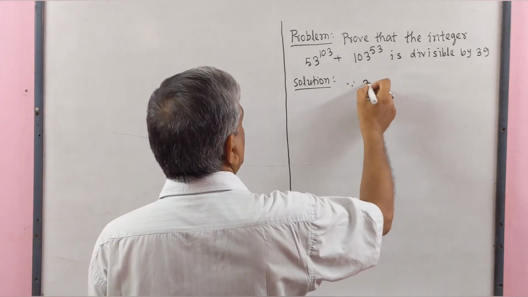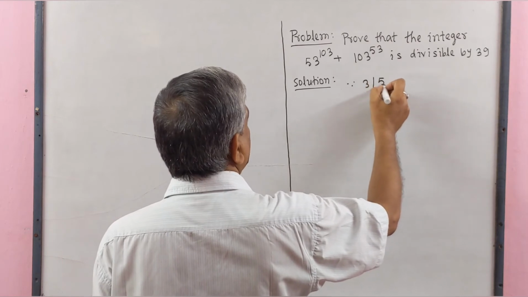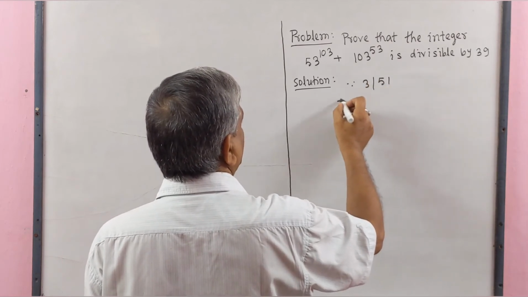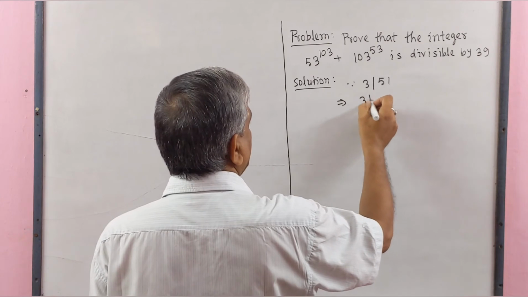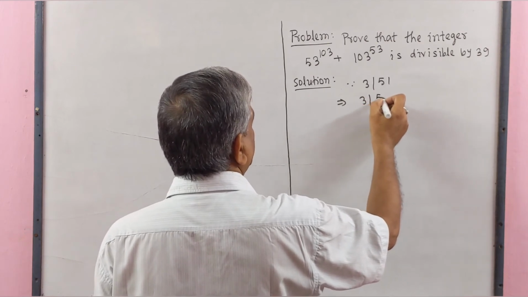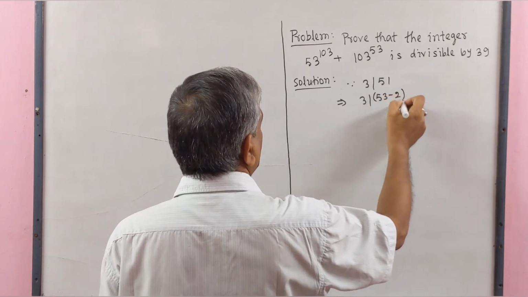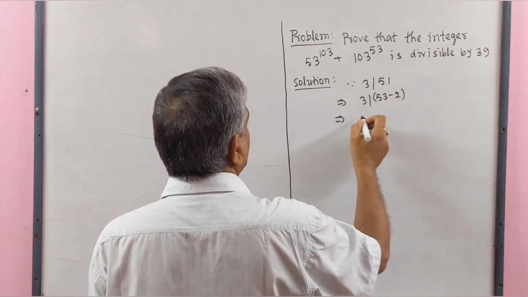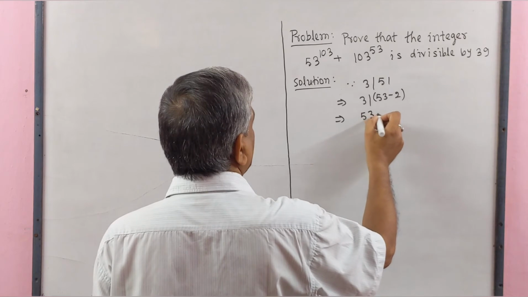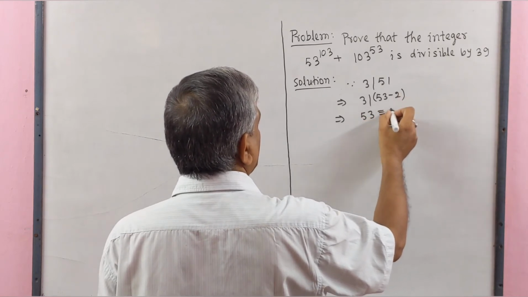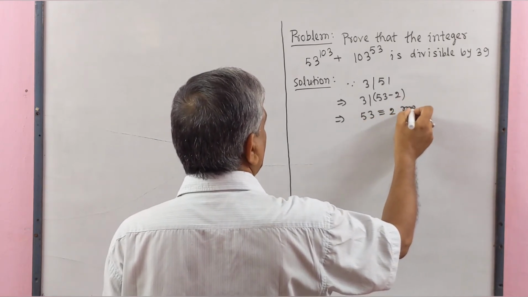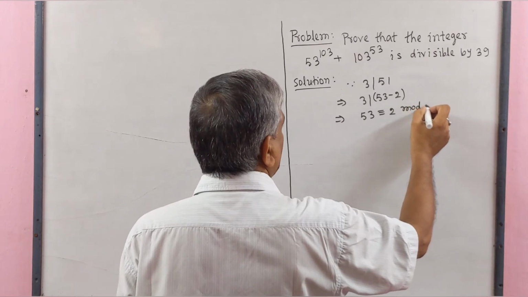Since 3 divides 51 implies that 3 divides 53 minus 2 implies that 53 congruent to 2 modulo 3.